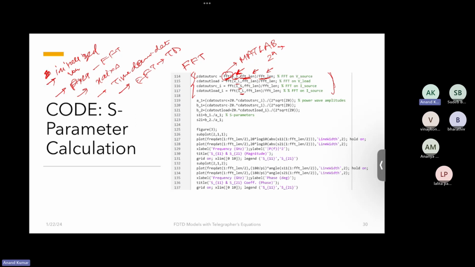Now next we need to calculate the power wave amplitudes.